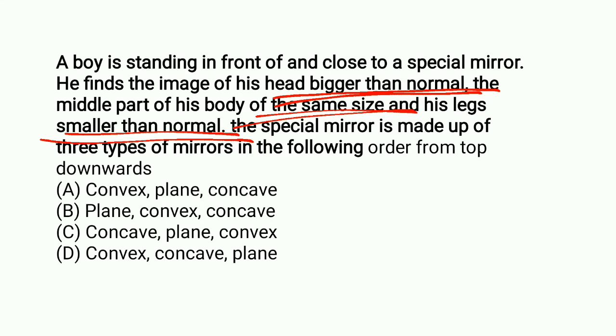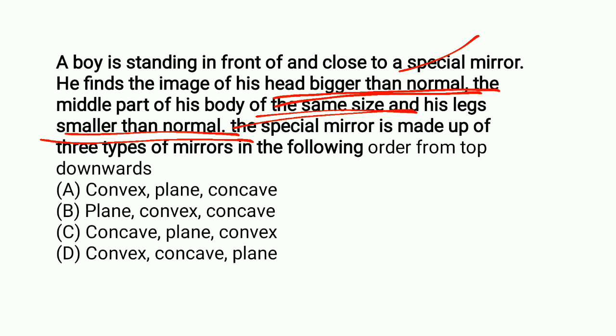So first of all, just check here. He finds the image of his head bigger than normal. Bigger than normal means an enlarged image, so it should be a concave mirror.